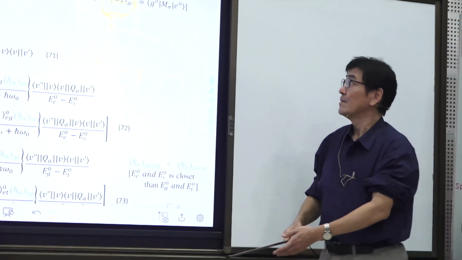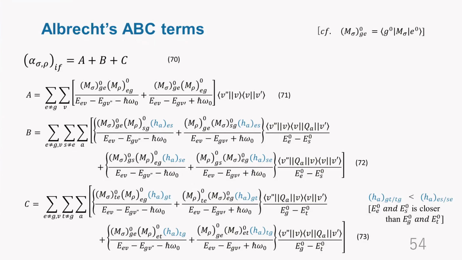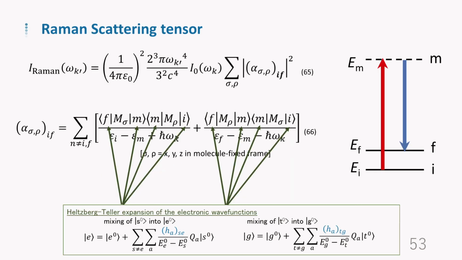Then it's obvious. The energy level is closer between E and S. And when it mixes into G, we call it T1, T2, T3 or something, but the energy spacing between G and T is large. In that sense, HAGT is smaller than HAES because of the denominator.